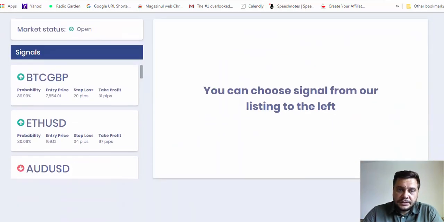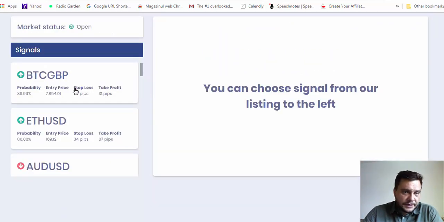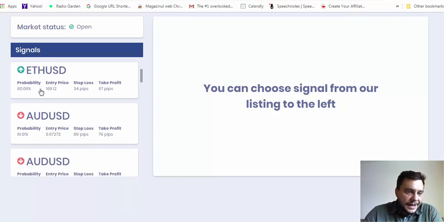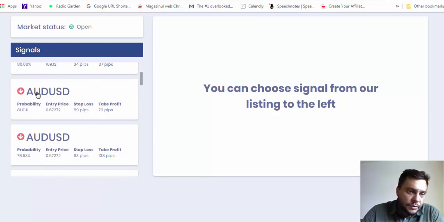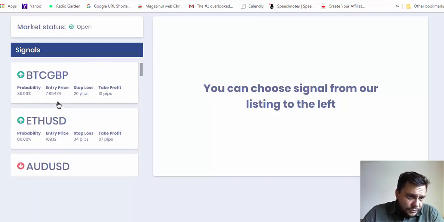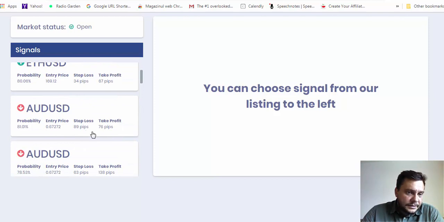What is nice about this software is that on the left side we can see the winning probability of every asset. AUD USD, maybe you're wondering why there are two AUD USD, because the take profit and stop loss are different.